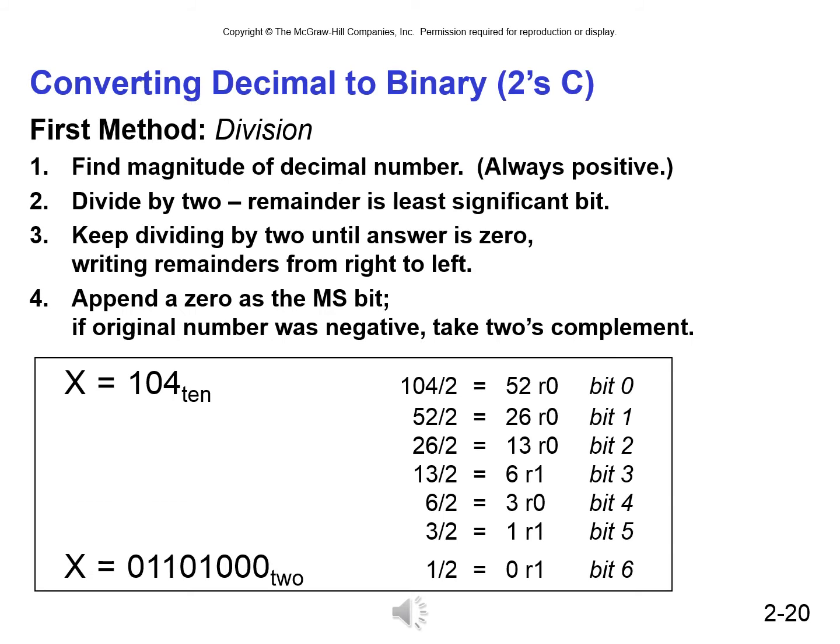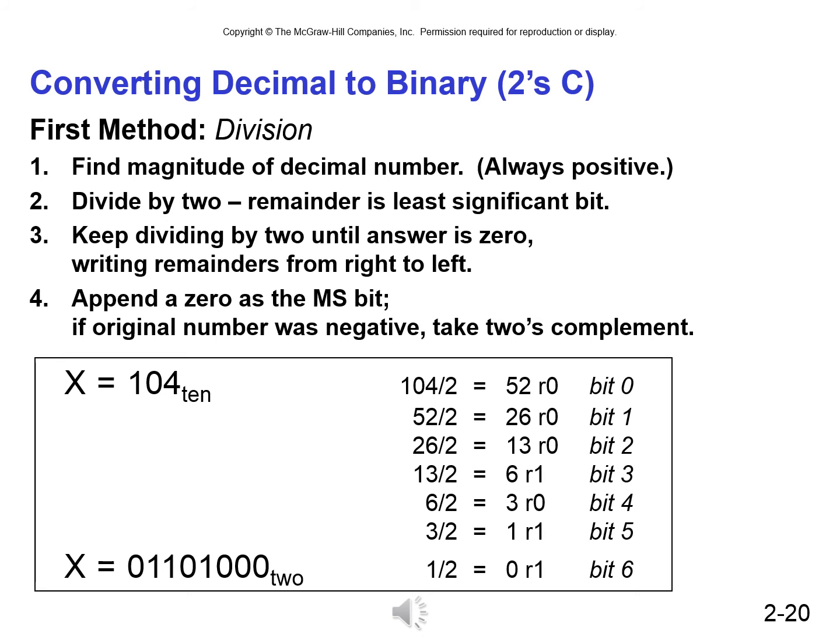Next up, how to convert a decimal number to a binary 2's complement number. There are two methods. First method involves division. Find the magnitude of the decimal number, always positive, divide by 2, and the remainder is the least significant bit. Now, step back for a second and listen to what I'm about to say.